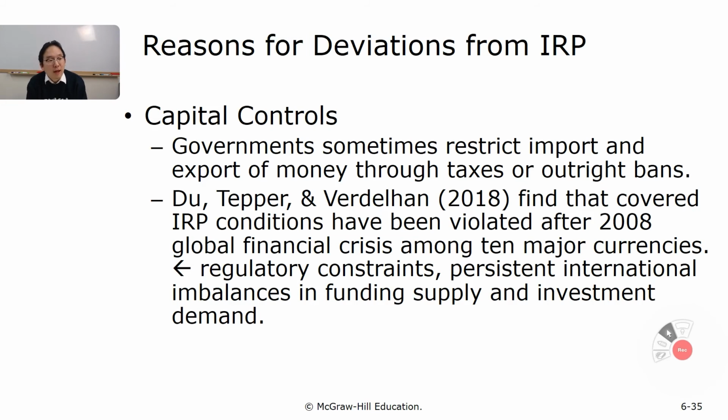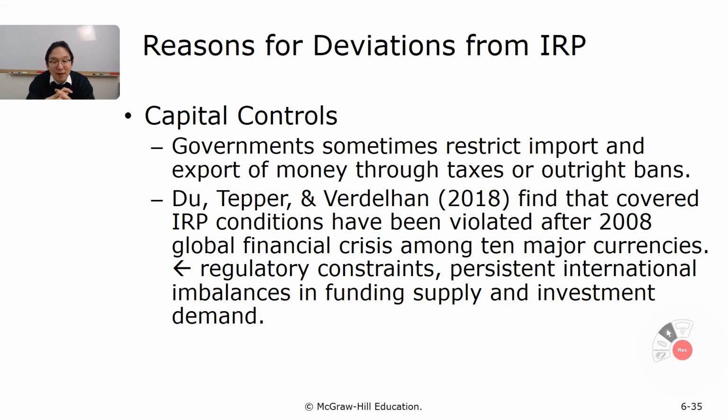And then one piece of evidence that recent scholars found, in an academic research paper by Du, Tepper, and Verdelhan, is that covered IRP, covered by forward, conditions have been violated after the 2008 global financial crisis among 10 major currencies, not just the Korean won versus the dollar, but among major currencies.